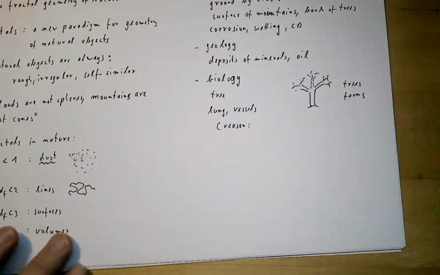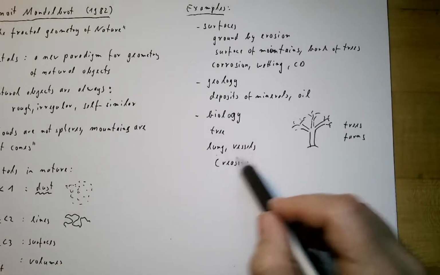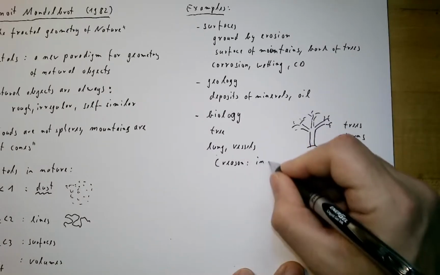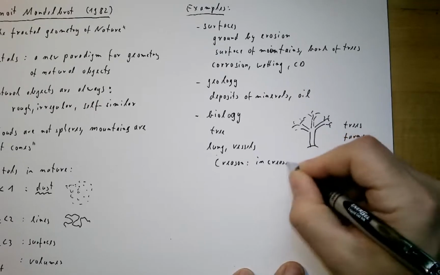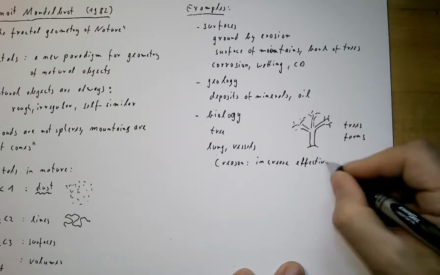So biology exploited this by producing these fractal regions in anatomy, because we can increase the effective reaction surface.